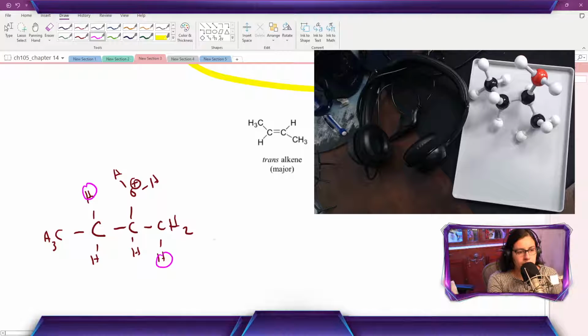So this would be the less favorable product. So again, that would look like water coming, deprotonating it here. This would cause a double bond to form. This leaves, so this would be one product.